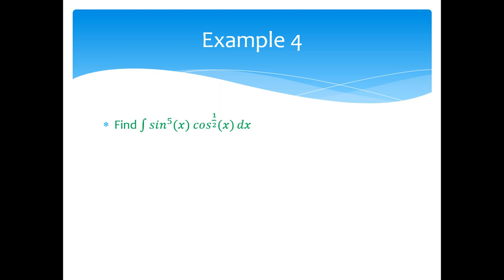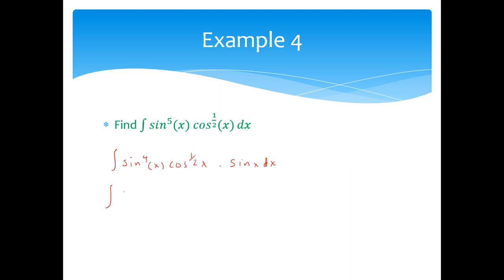The first thing we're going to do is say integration of sine raised to the power of 4 x, cosine raised to the power of 1/2 x, times sine of x dx. We're going to translate everything in terms of cosine. So then we're going to use the identity.